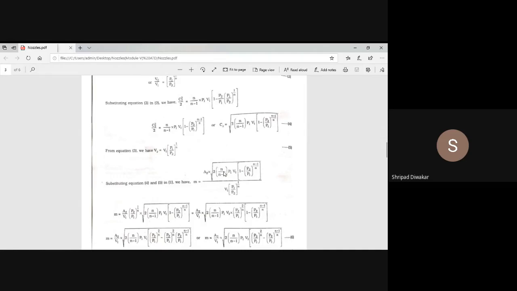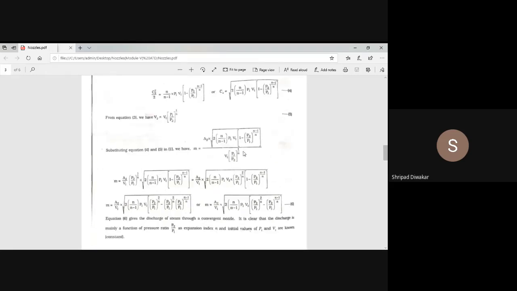A2 into C2 is square root of 2 into n divided by n minus 1 P1 V1 in the bracket 1 minus P2 by P1 to the power of n minus 1 divided by n, and divided by the volume at point 2. The volume at point 2 is, from equation number 5, V1 into P1 by P2 to the power of 1 by n.